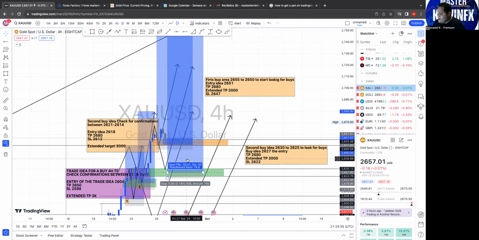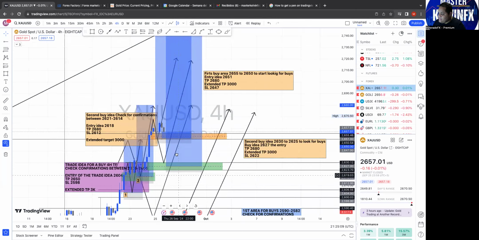There was a trade taken from 2,651 that I recommended yesterday, and the price bounced very nicely without hitting our SL, which was 2,657, and it gave really nice pips. If you see the mapping, we basically anticipated the price going up, then coming back down, and then going up again. That's really what happened.